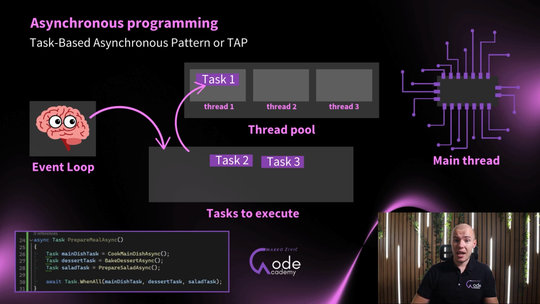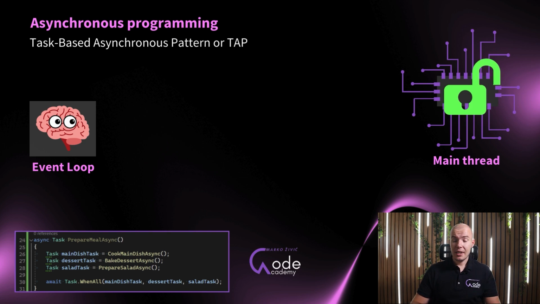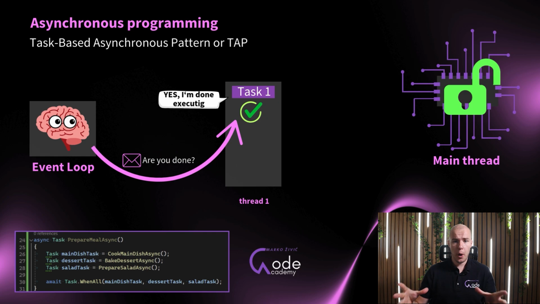And then the magic happens. The event loop doesn't block the main thread. It keeps checking whether the task is complete. It does it repeatedly, all until the task manages to complete its execution and it is ready to basically say to the rest of the application that it has the results that we are waiting for.